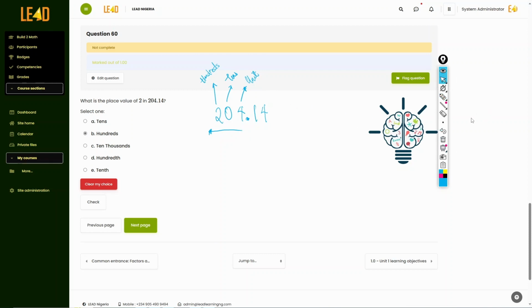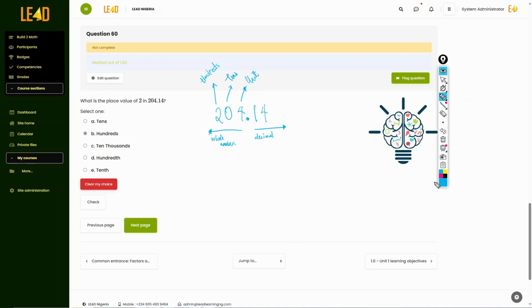Then to the right, okay, so this is to the left, this is the whole numbers. To the right, we have the place values that are smaller than 1. So we have the decimals, decimal place value.